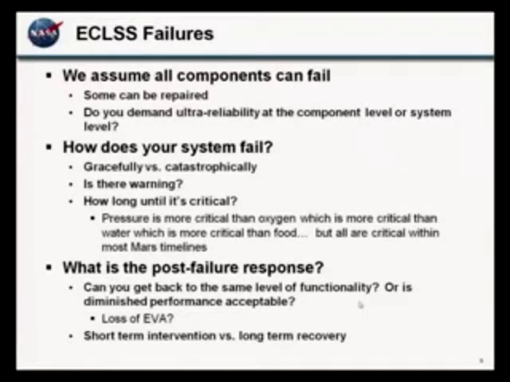And then some of these loss of functionality things, you may be able to accept for the short term, but not the long term. So your stored water may be based on a rate of just drinking. And your long-term plan is to really take the time to get into the guts of the system and bring it back online. Molly? Yeah.